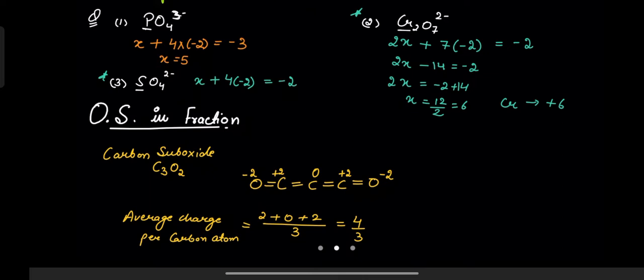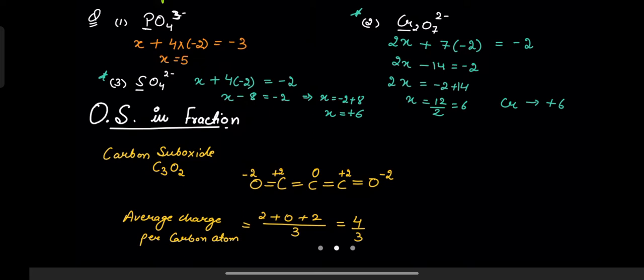So it will be x - 8 = -2. I could write it further as x = -2 + 8, and hence x = +6. In this case as well, S has an oxidation state of +6, and that's how we solve it. These are the answers.